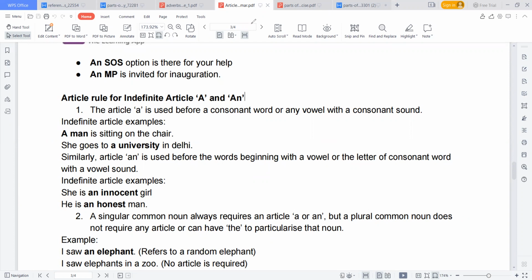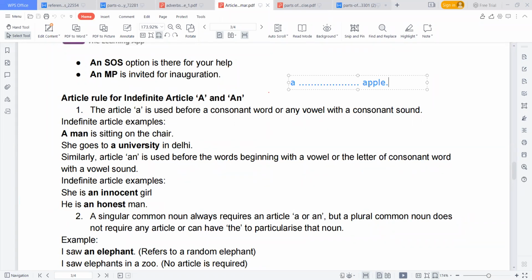I'll show you one example. If I have this in your exam, what will you do? Apple is a noun, a is an article. So noun is there, article is there.